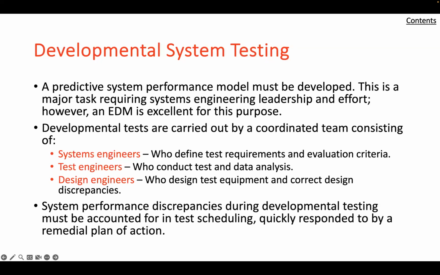Well, continuing on in this section, let's talk about some more areas in developmental system testing. First of all, let's talk about the development of test scenarios. In order to evaluate a system over the range of conditions which it is expected to encounter in practice, as defined in top-level system requirements, a structured series of tests must be planned to explore adequately all relevant cases.